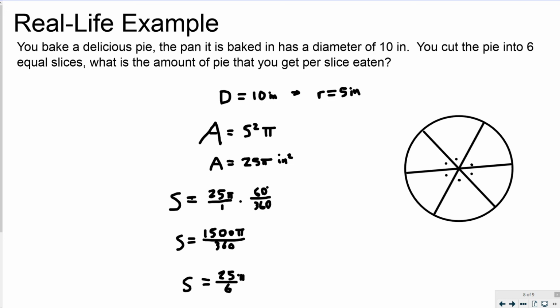So 25 pi over 6 inches squared. Now, again, because we're talking about the real world here, we want to express our answer as an approximation. So if you take 25 divided by 6 and multiply it by pi, your approximate answer is about 13.1 inches squared.